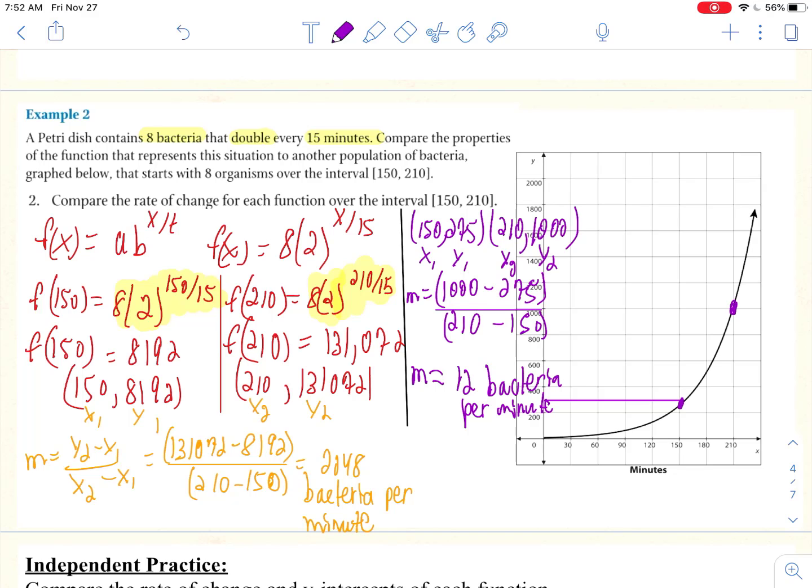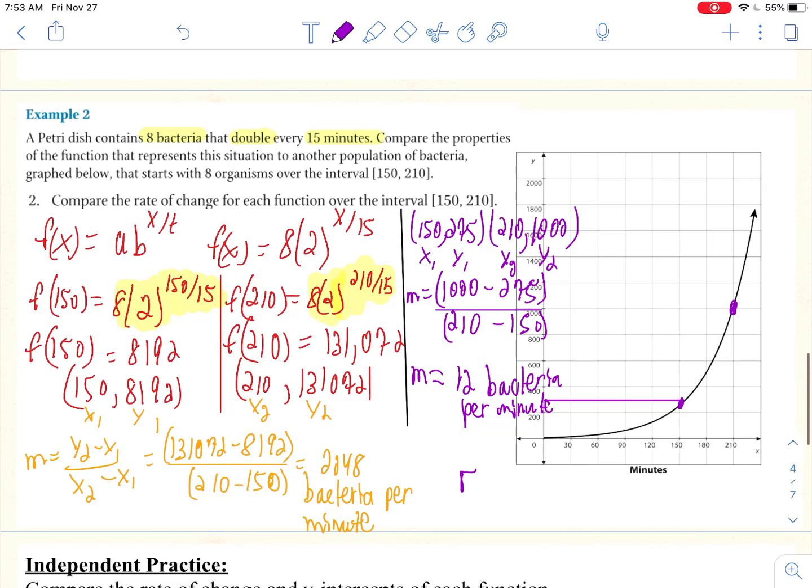Now, when we compare these two rates of change, we need to keep in mind that if there was a negative value, we do have to take the absolute value before comparing the two. But here, these are both positive values for bacteria per minute. We have 2,048 and 12. Comparing the two, we can see 2,048 bacteria per minute is a greater rate of change.